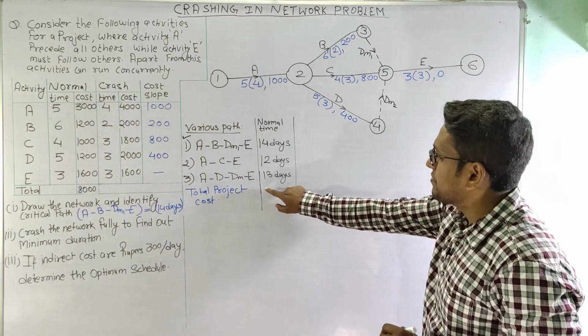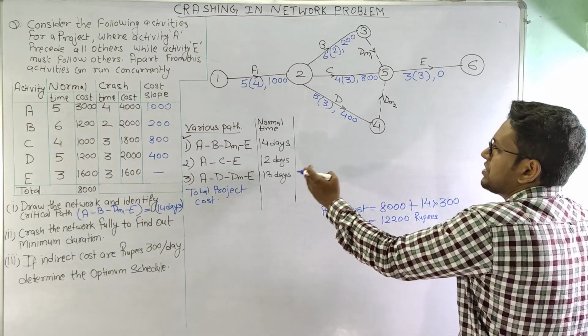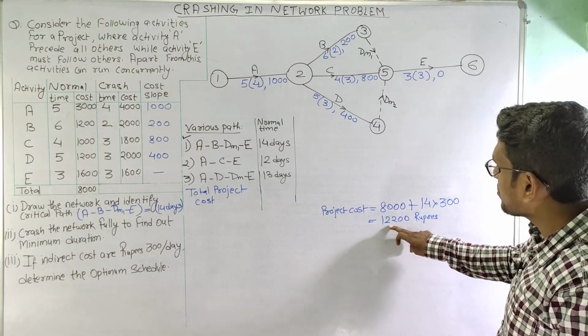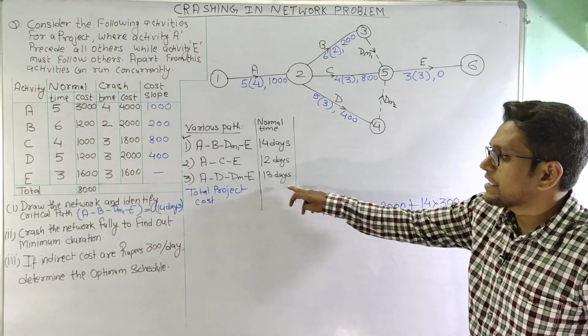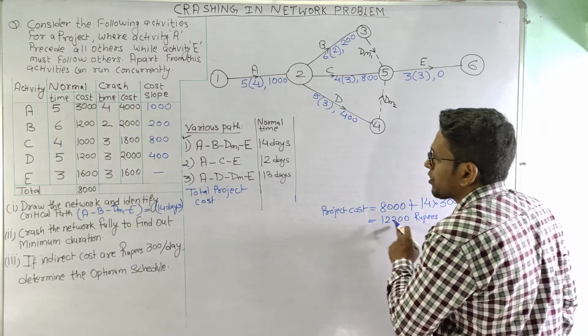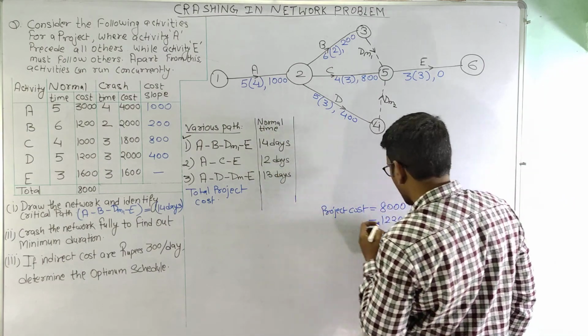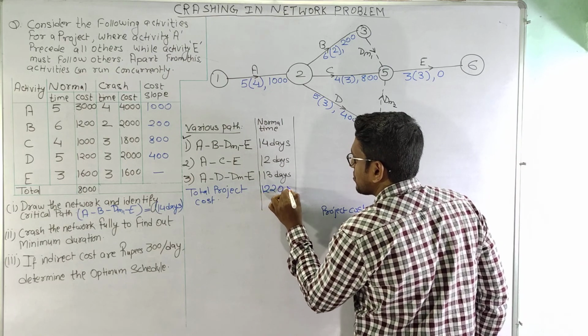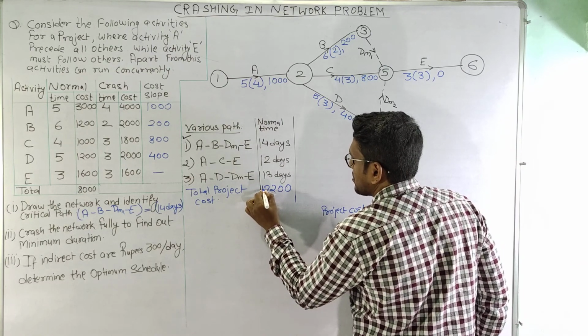So we will write this value here, and as we crash the activities, we will simultaneously be calculating the total project cost and writing it here. So for normal time, we will have the cost as 12,200, that is 12,200.